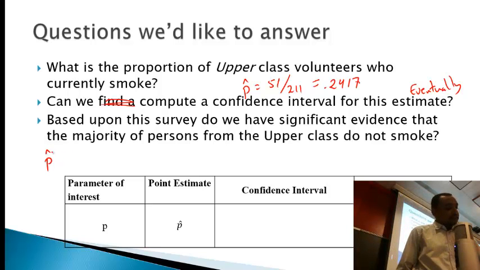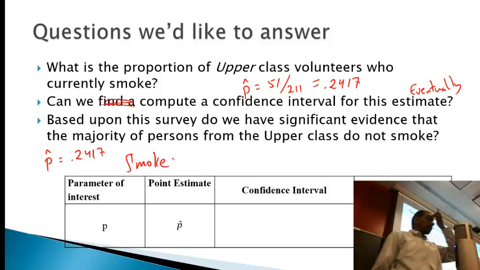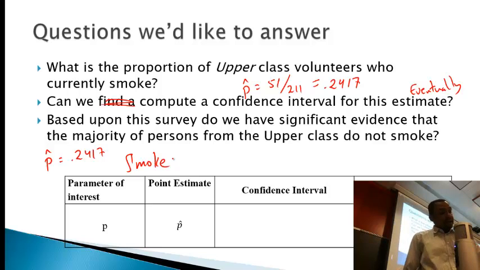So if p hat equals 0.2417, and that's the percent who smoke, then the non-smokers would be 0.7583.